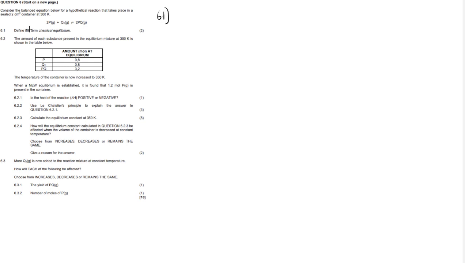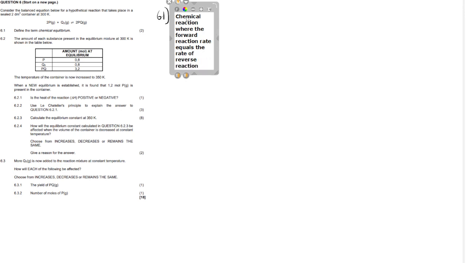Define the term chemical equilibrium. I've seen in your baseline test, you got it right. The most important part there is that the rate of the forward reaction is equal to the rate of the reverse reaction. It is a chemical reaction where the forward reaction rate equals the rate of the reverse reaction.